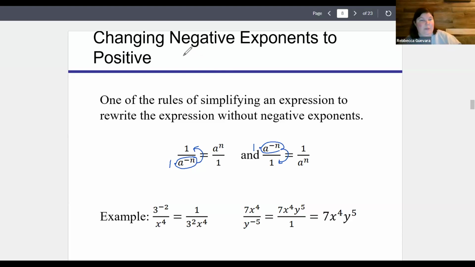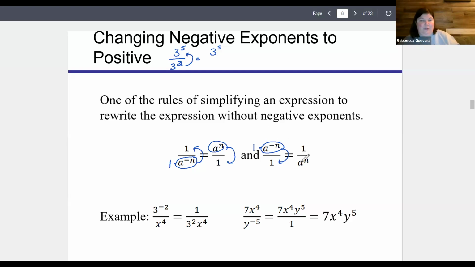So this is how you end up with the quotient rule that we have. We have 3 to the 5th over 3 squared. Another way this can be rewritten: I could flip this to the top and change the negative to positive, or flip it back down and change it to a negative.